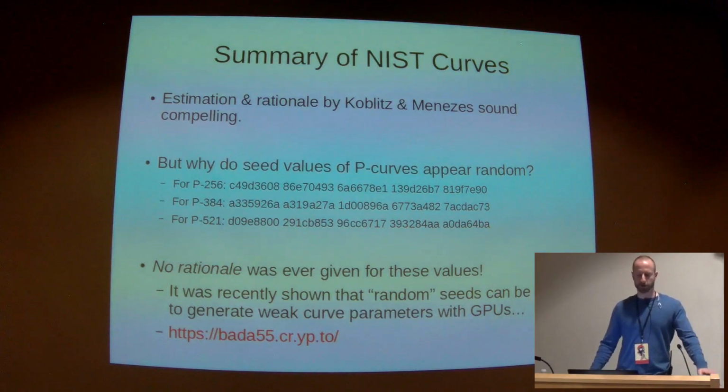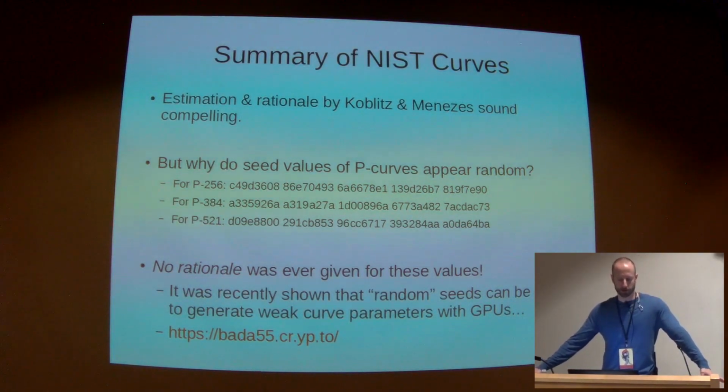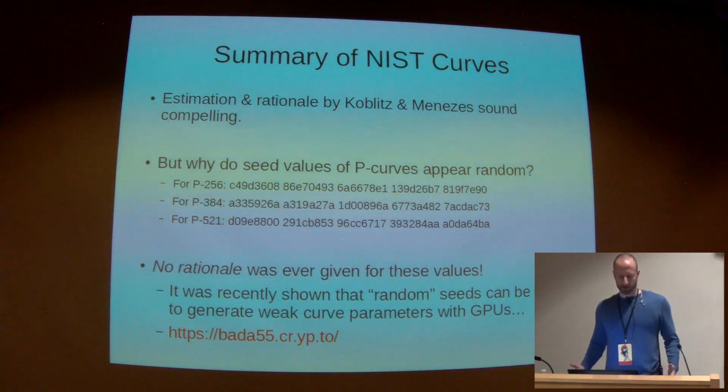So in summary, that rationale that I read off before does sound compelling, but I can't get over it. Look at these seed values. It's entirely possible that they chose them, that they iterated over them to find weak curves. There's just no rationale ever provided. I just can't get over that.